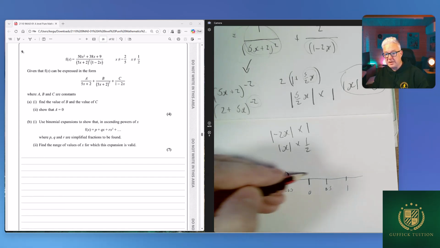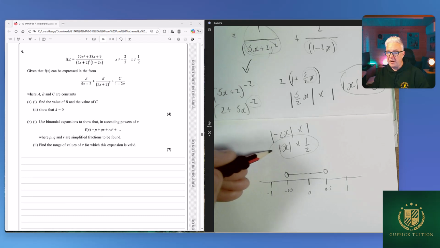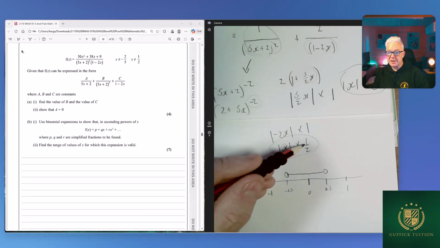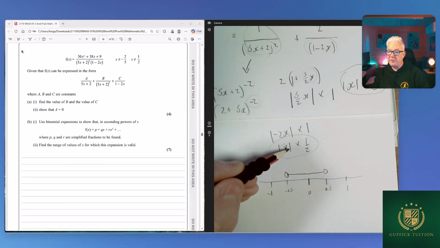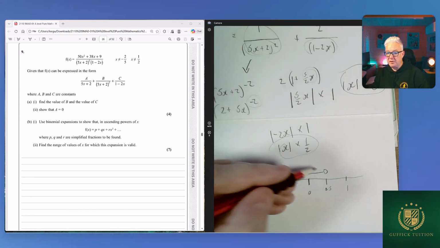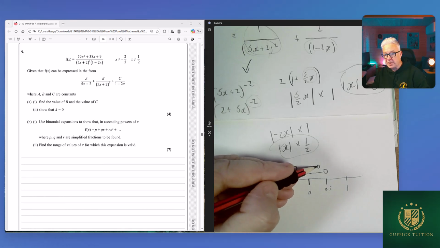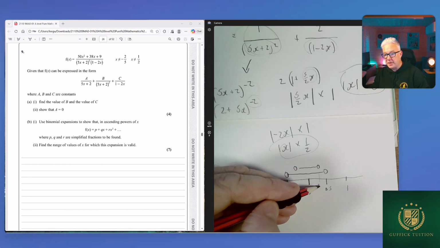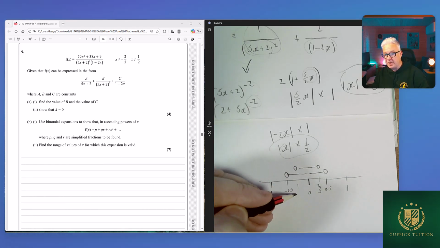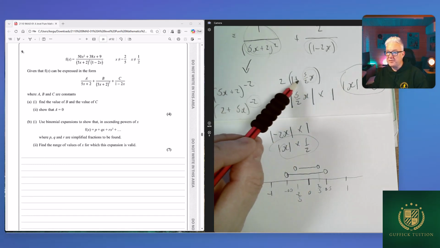So this one is valid in between 0.5 and minus 0.5, because remember mod x is less than a half means x is less than a half but greater than minus a half. This one is for 2/5, and 2/5 is 0.4. So if I just draw another sort of inequality like that, and that there's my 2/5, and that there is my minus 2/5. And this is the range of values for which this expansion is valid.